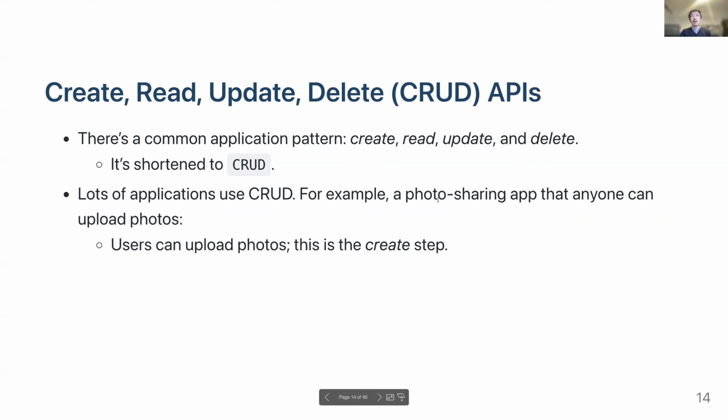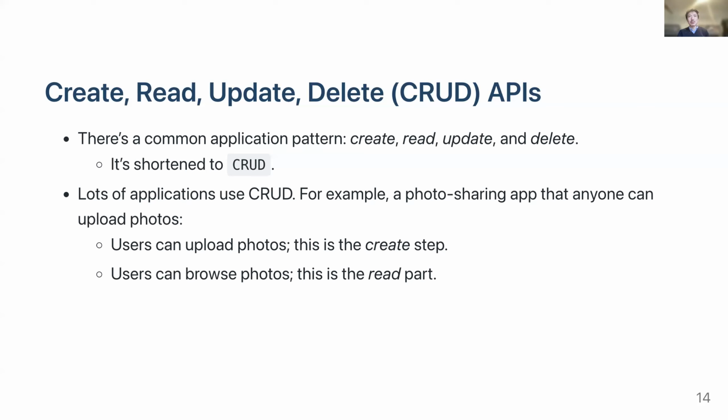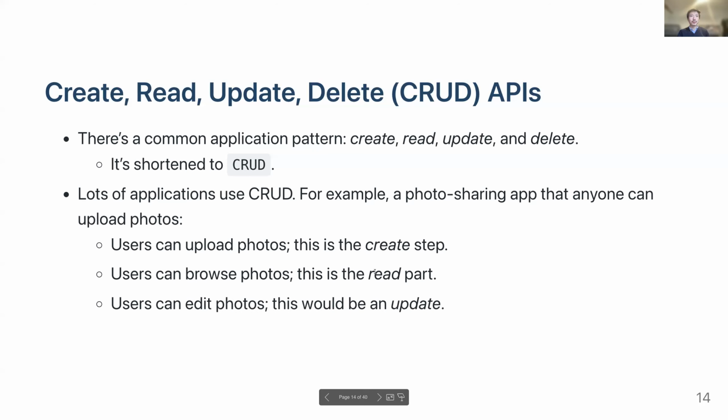And so if we have a photo sharing app, the API for the create part would be the user adding new photos to the server. And the user browsing photos, which means retrieving all the photos the user uploaded, will be the read. And the user can make changes to the photos, for example, make them larger or smaller.